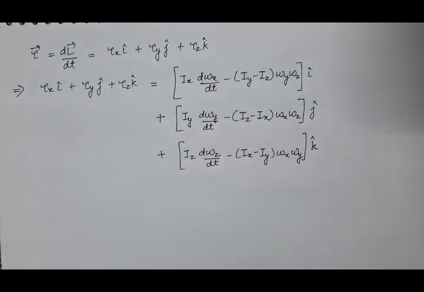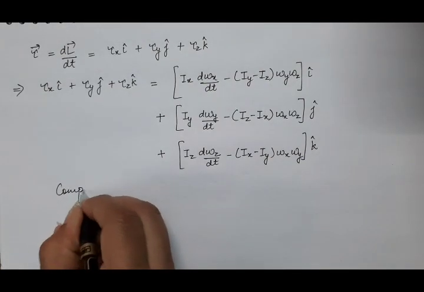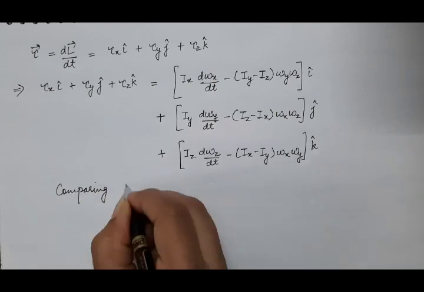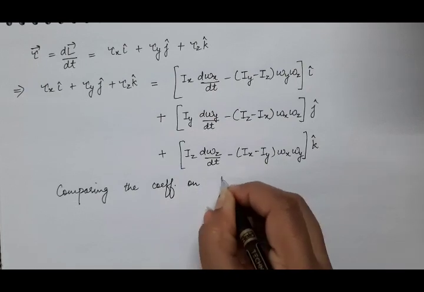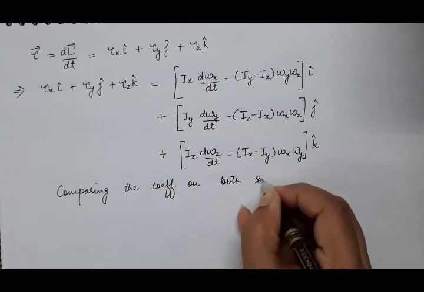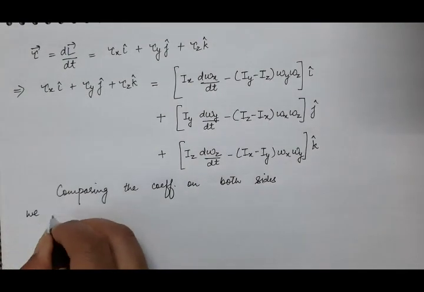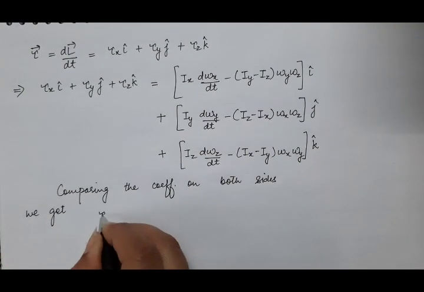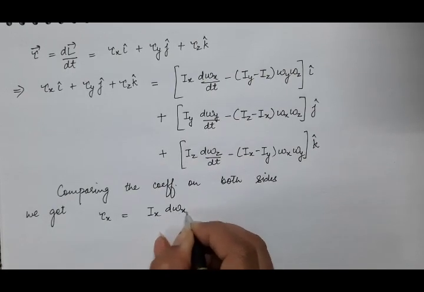Now as the two sides are equal, the coefficients of i cap, j cap, k cap on both sides will be equal. So comparing the coefficients on both sides of i cap, j cap, k cap, we get tau x is equal to Ix d omega x by dt.